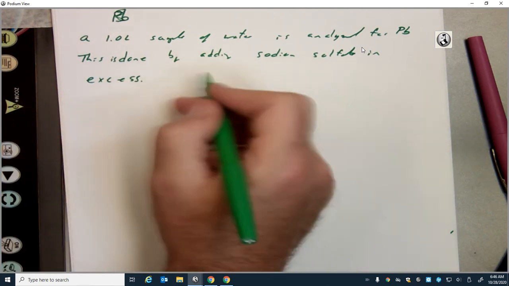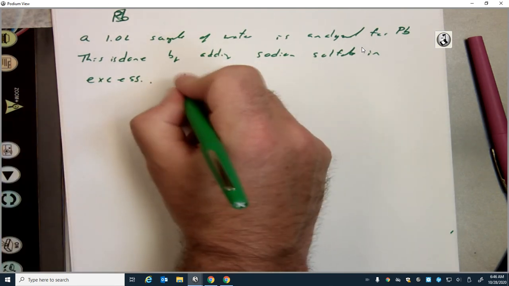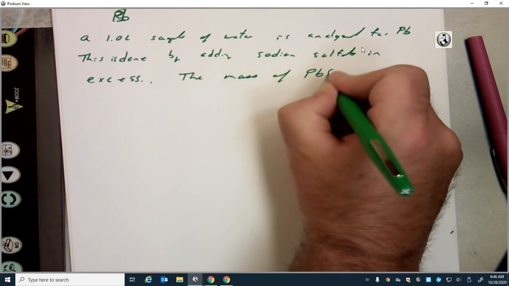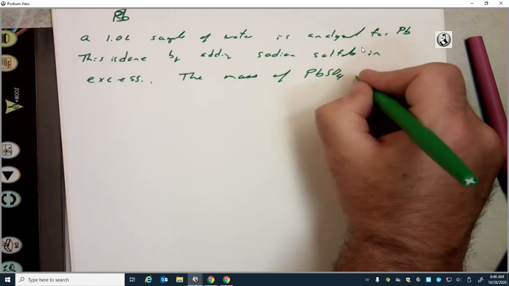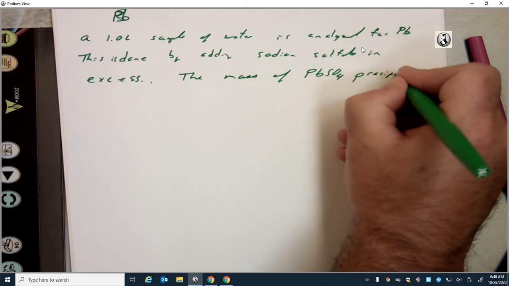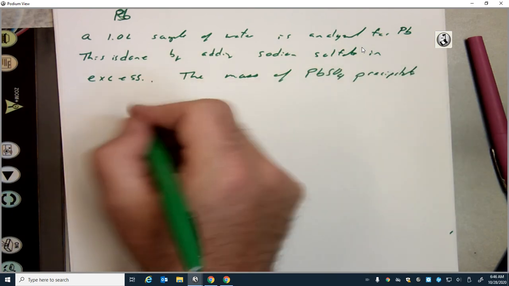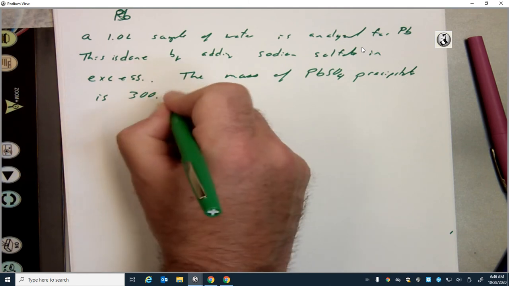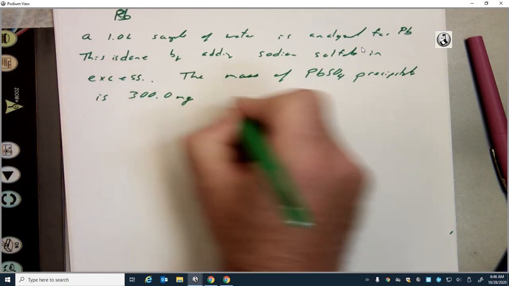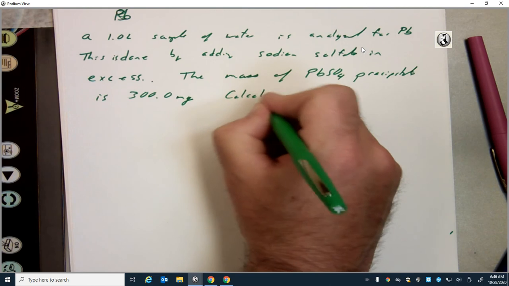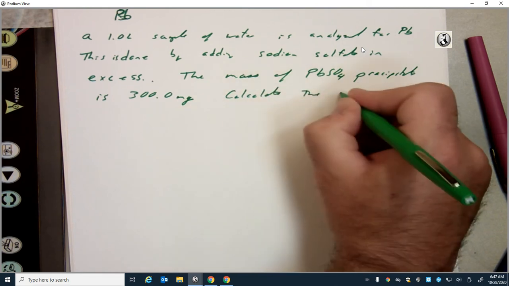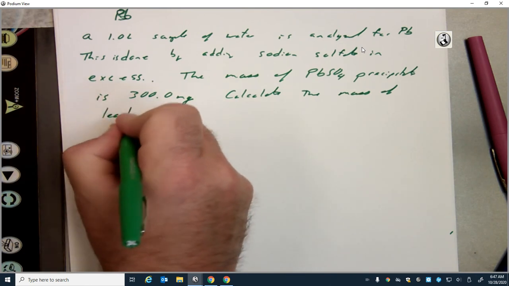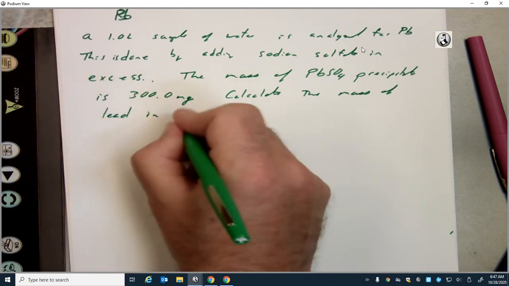So we just keep adding sodium sulfate. The mass of the PbSO4 precipitate is 300.0 milligrams. Calculate the mass of lead in the liter of water.